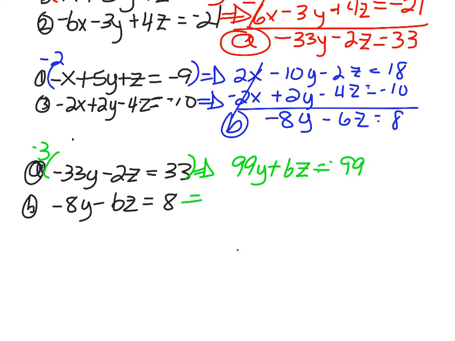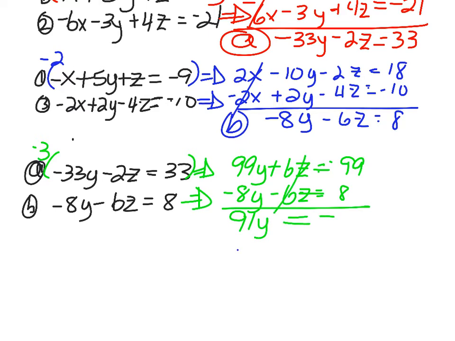And I'm going to keep equation B the same. So it's negative 8y minus 6z equals 8. So add them together, I get 91y. 6z and negative 6z cancel, equals negative 91. Divide both sides by 91. And we get y is equal to negative 1.